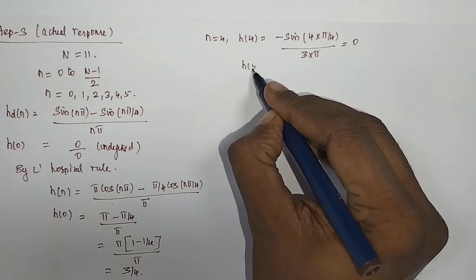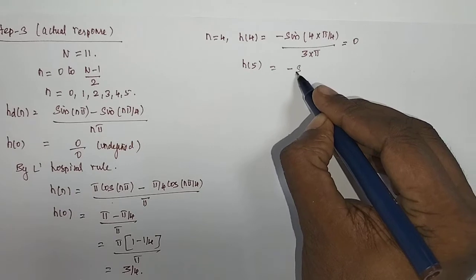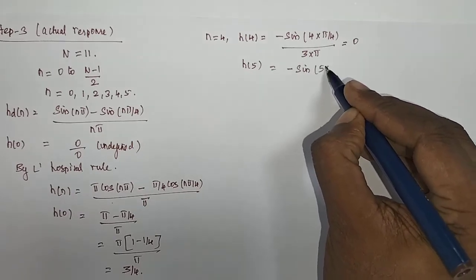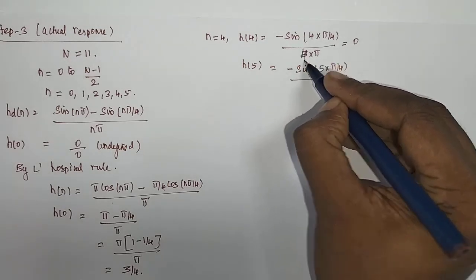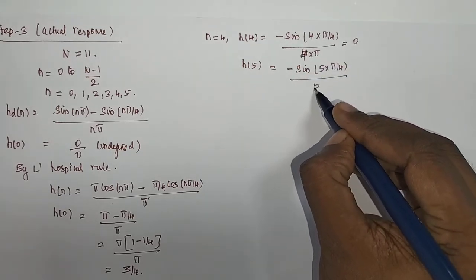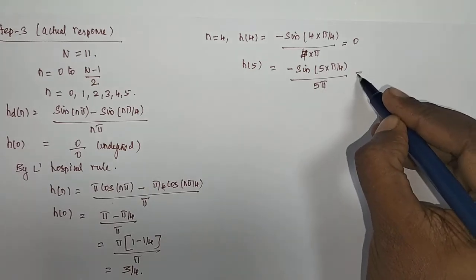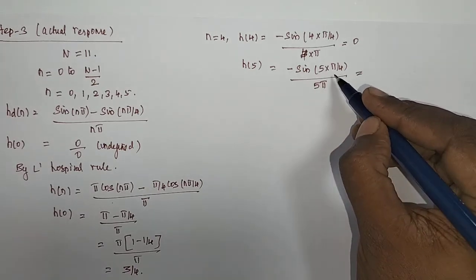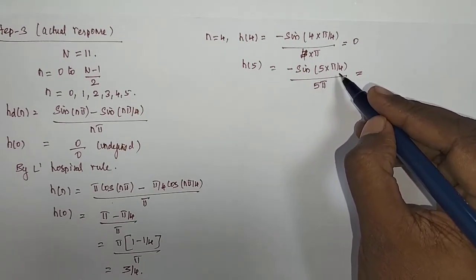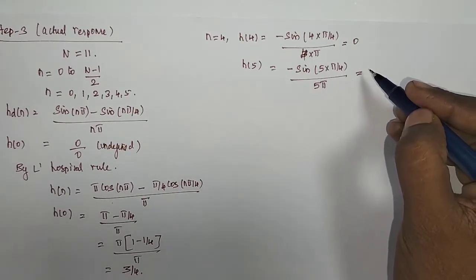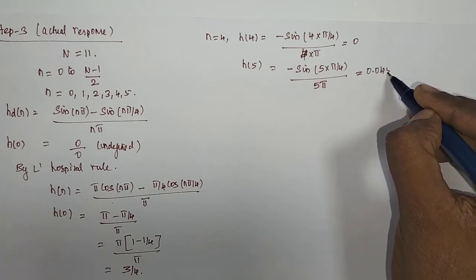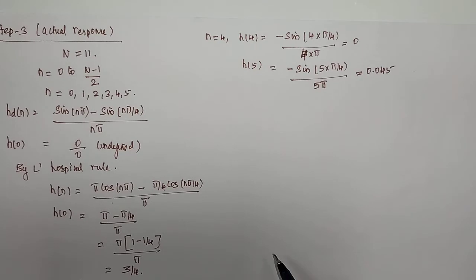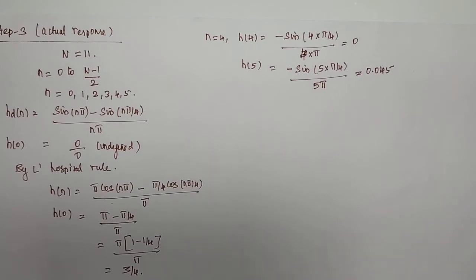And for h of 5 is equal to minus sin 5 into pi by 4 divided by, sorry, here it is 5 pi. So minus sin 5 into pi by 4 divided by 5 pi, and this value is equal to, that's a positive value, 0.045.